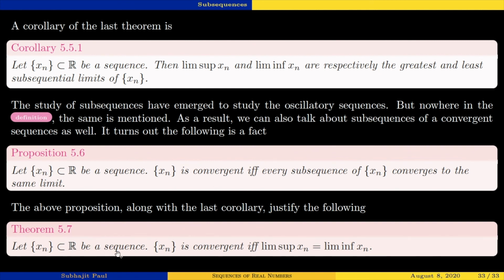And the other way around, if xn is a convergent sequence, then by this proposition every subsequence converges to the same limit. Therefore lim sup and lim inf have to be the same number. So yeah, that's it for today.